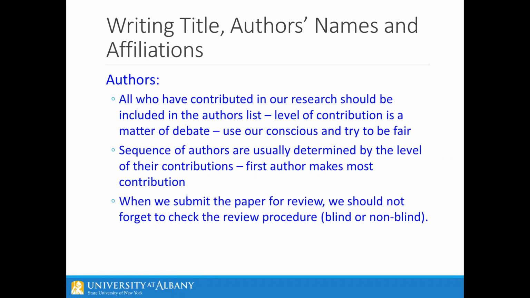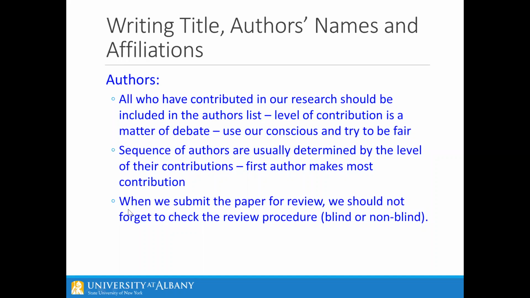General practice is that your professor becomes the last author. Although it may not be true that he or she might have contributed least, that is the usual practice. The first author is the main contributor of the work, and the last author is basically the supervisor or the advisor of the work, and then there could be multiple authors in between.